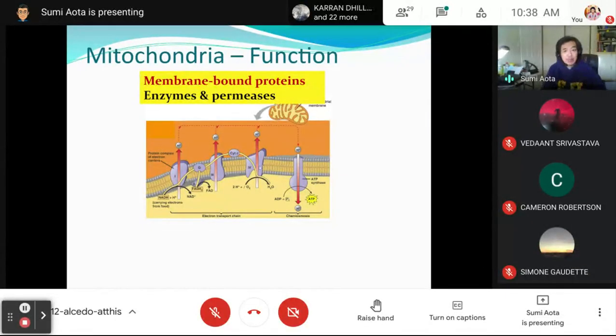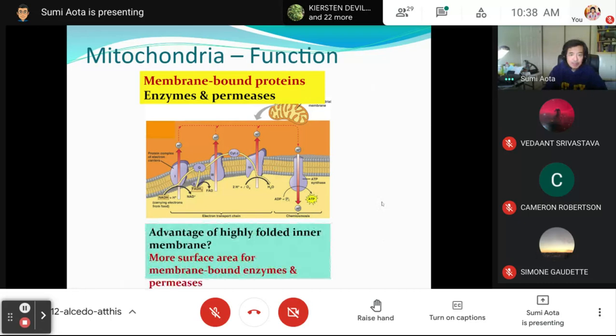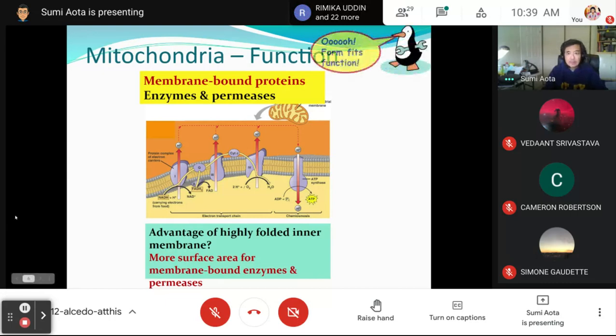You need them in order to set up an electrochemical gradient that we'll talk about later. The reason that the cristae is highly folded is more surface area for the enzymes and permeases to exist in, so that you can pack more of these things into this area. So form fits function.